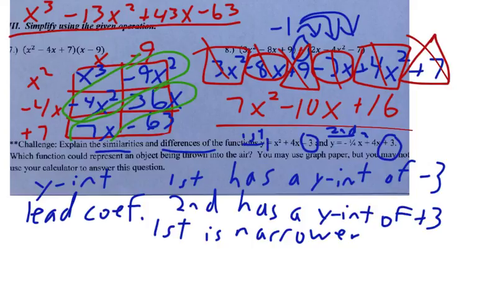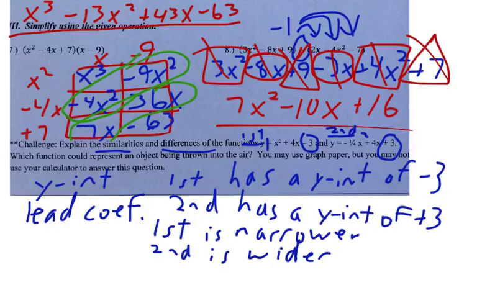The other one has a coefficient of negative 1/4. So the 1 is a bigger number, so the bigger numbers are going to change more steeply, so that means it's going to be narrower. And the second is wider, because it's a small number, it's negative 1/4, that's a small lead coefficient. So that's going to be a slow change over time.